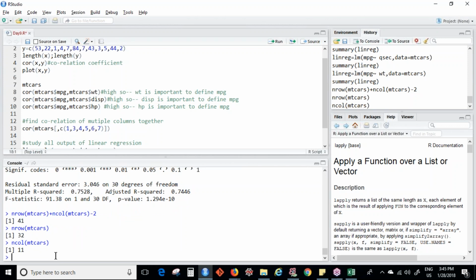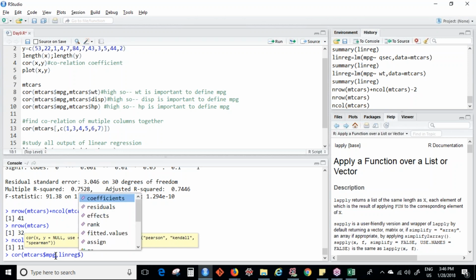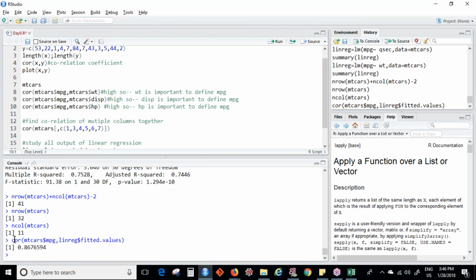So if I find the correlation between my actual values, which are present in mtcars dollar mpg, miles per gallon, this is my actual value, and my predicted values, you will see, are present here.